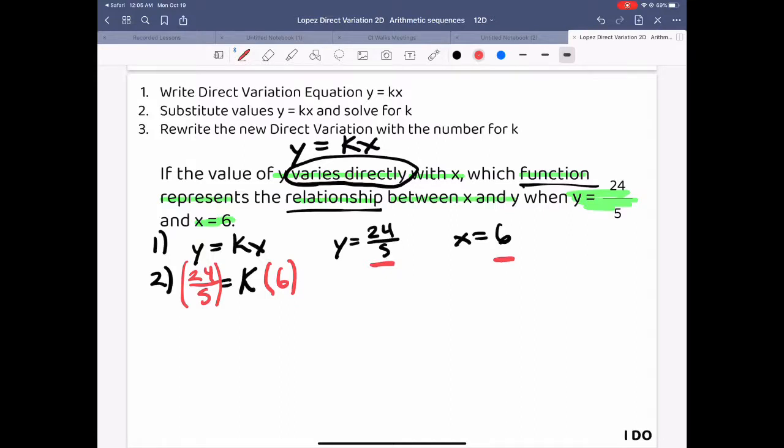So at this point, you will need to do your inverse operations. Looking at my problem, I need to solve for k. On the same side as k is 6, and this says k times 6, so I will need to divide by 6 on both sides. Now you could go over to Desmos to put that in, or you can work it out yourself.